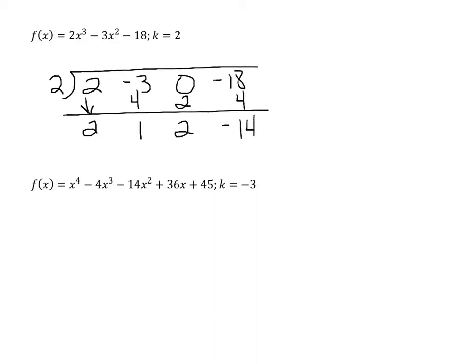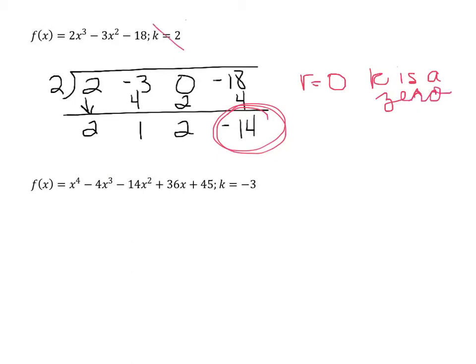So I've done the synthetic division. How do I know if it's a 0? Well, remember that this last number here is the remainder. If the remainder is equal to 0, then k is a 0 of the function. This one's negative 14, so 2 is not a 0 of this function.